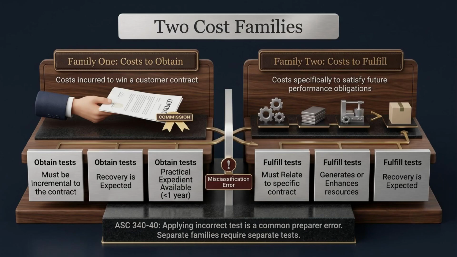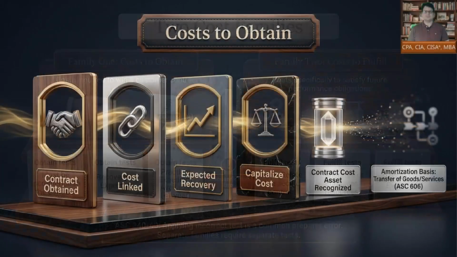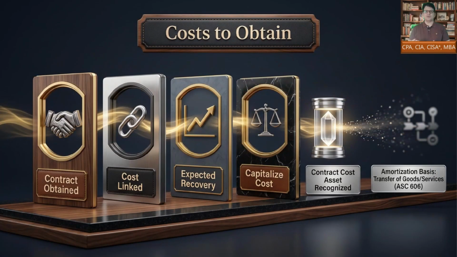The second family is costs to fulfill a contract. These are costs incurred to satisfy future performance obligations under a specific contract or specifically anticipated contract. They must relate to the contract, create or enhance future resources, and be expected to be recovered. Different family, different test. Let us begin with cost to obtain a contract.